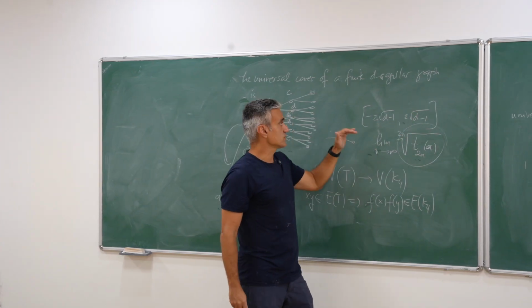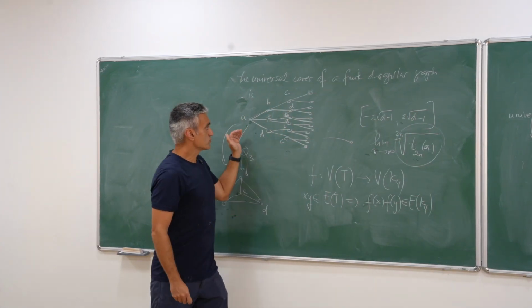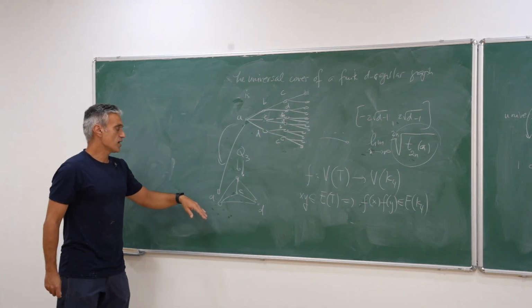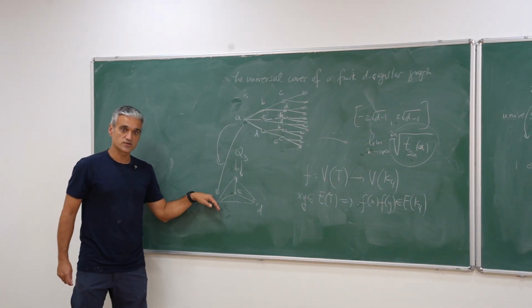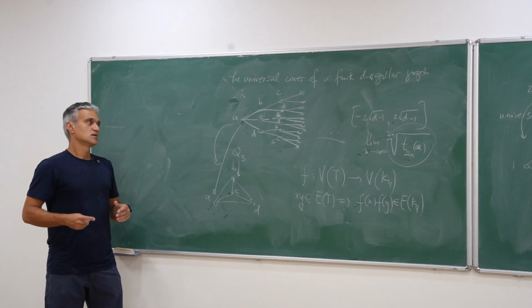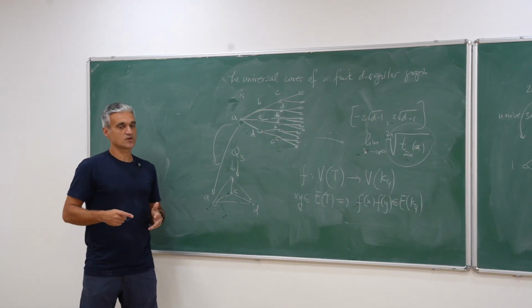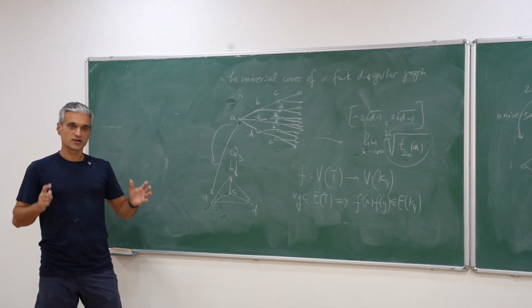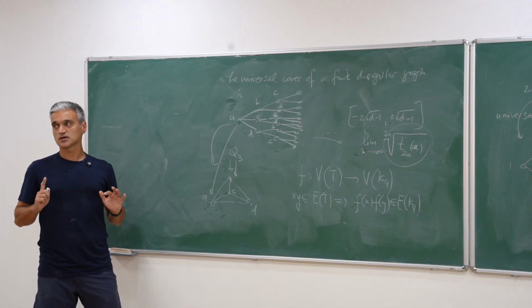You can calculate that by doing some combinatorics here. And what will happen is that in a regular graph, if you take the number of closed walks of each vertex, you will get roughly at least 2 square root of d minus 1 to the length of it, something like that. So that's how this number comes in.